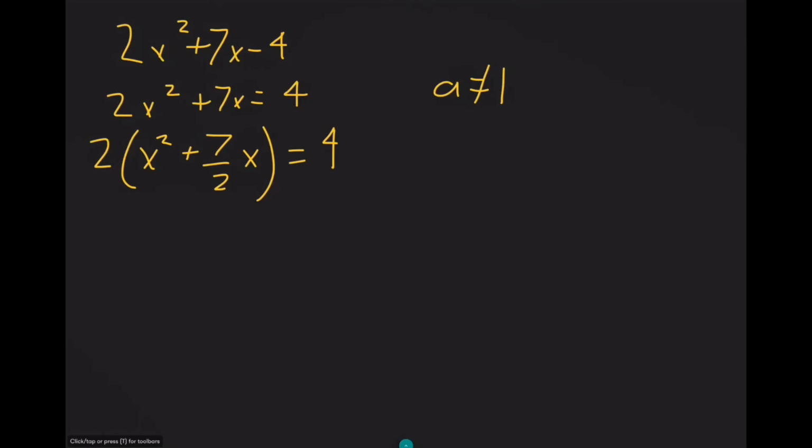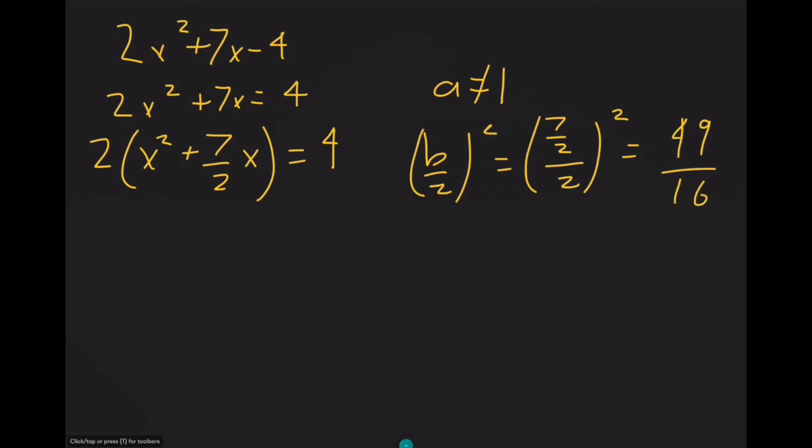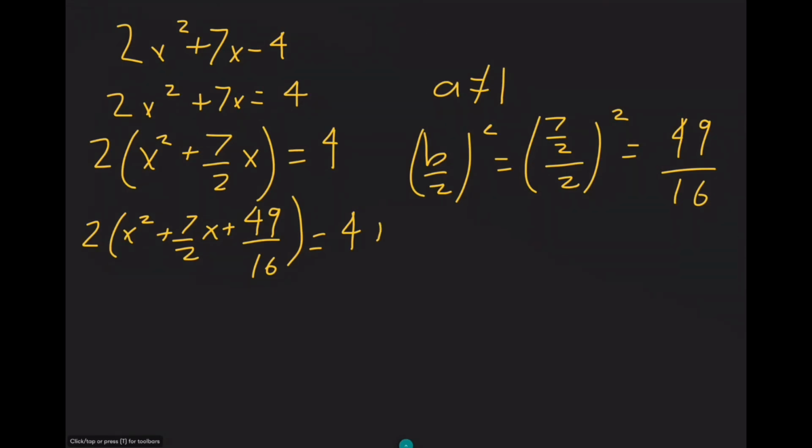Alright, so now we're going to complete the square. So b over 2 squared is equal to, in this scenario, 7 over 2 divided by 2 squared, which is 7 over 4 squared, and that's 49 over 16. Right, so then 2 times x squared plus 7 over 2x plus 49 over 16 equals 4 plus 49 over 16 times 2, which is 98 over 16 and can be simplified to 49 over 8.